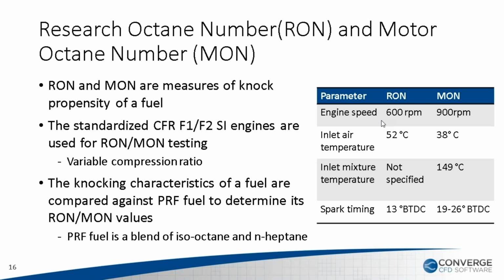The spark timing for RON is fixed at 13 degrees before top dead center. For the MON testing, you can vary it between 9 and 26 before top dead center. So there are some differences. I think with MON you can control knocking a bit better.